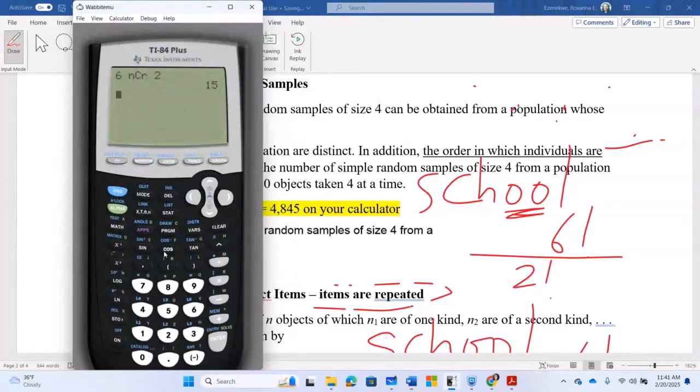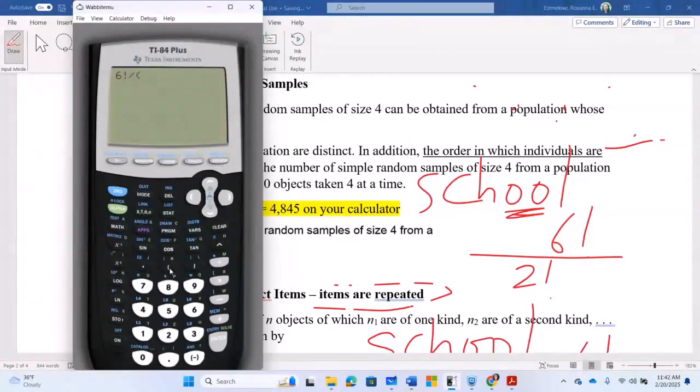So I go to math. Or first of all, type in 6, go to math, get factorial. Factorial is number 4, and divided by parentheses.